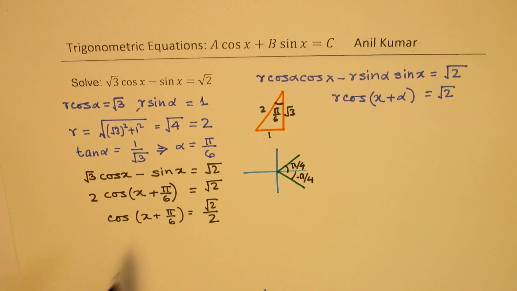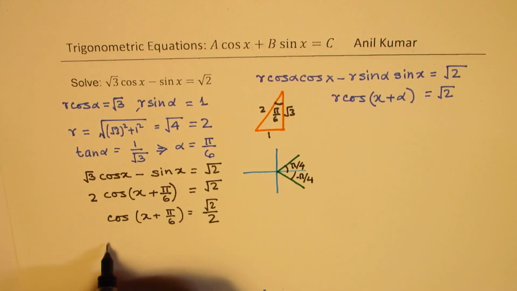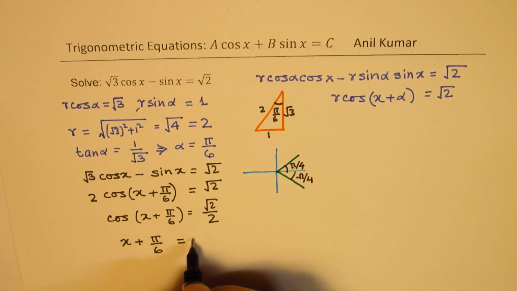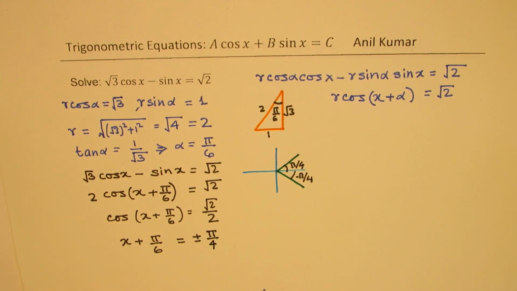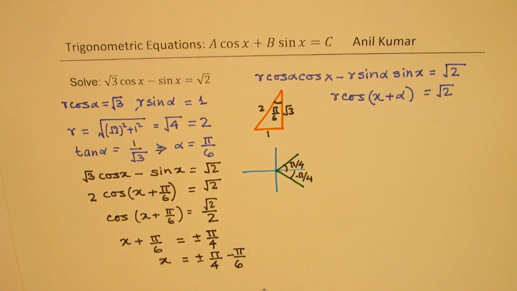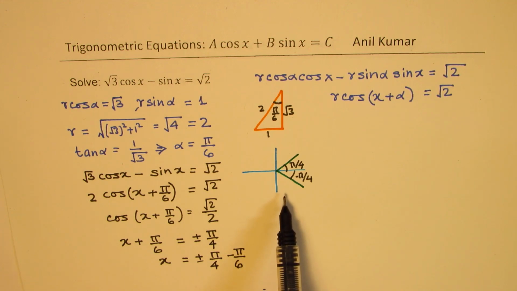So you could also write that this is possible when x plus pi by 6 is equal to plus minus pi by 4. Is that clear to you, right? So that becomes the value for both the angles, and therefore the value of x can be written as plus minus pi by 4 minus pi by 6. So that is when we are restricted to the domain of 0 to 2 pi, correct?